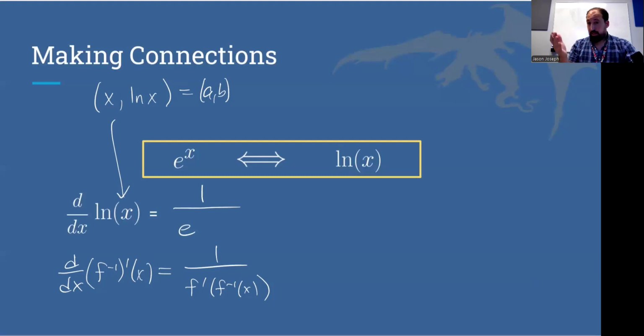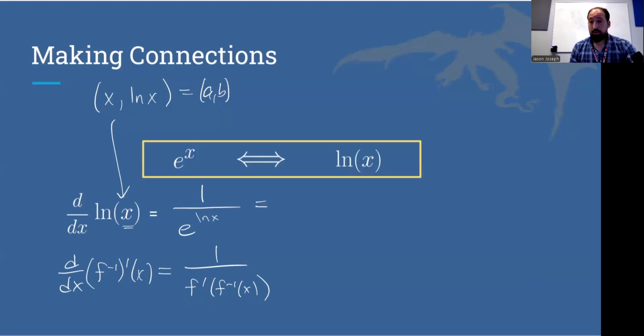Well, so derivative of e to the x is e to the x. That's my f prime. And now the point I plug into e to the x is that corresponding point, the b to my a, right? So where this was x, I need to be plugging in natural log of x here.